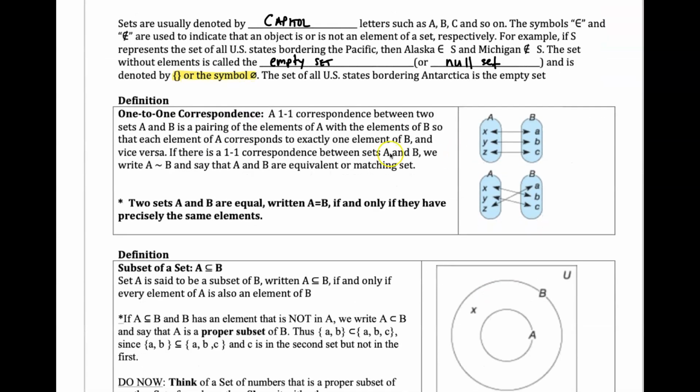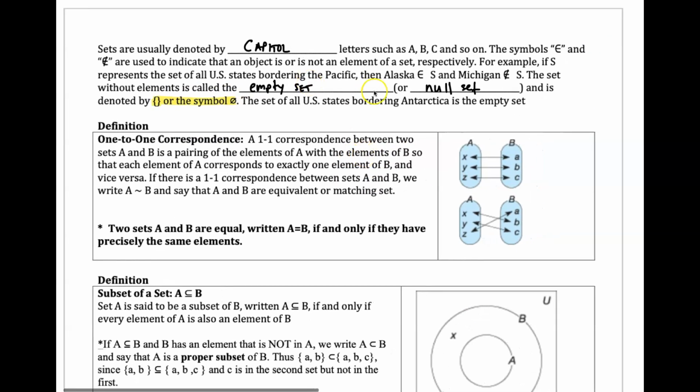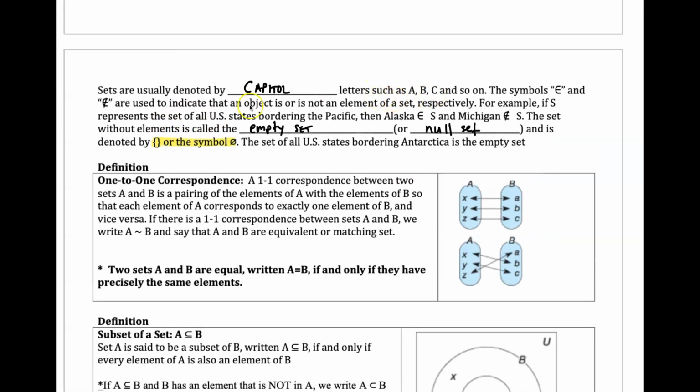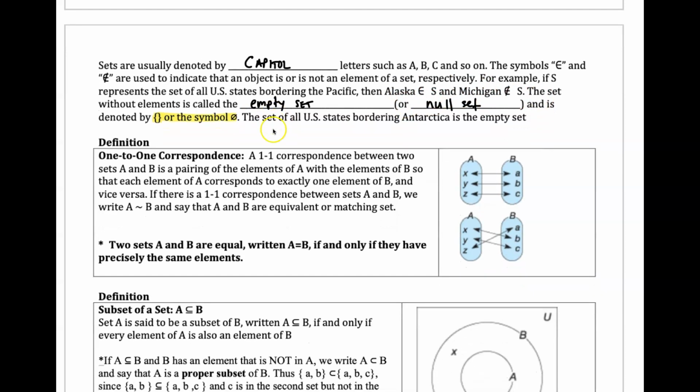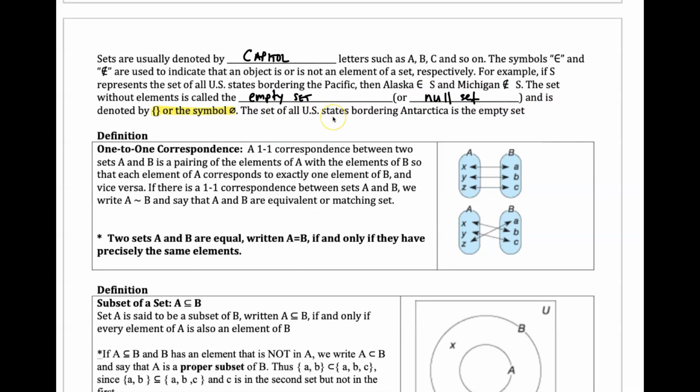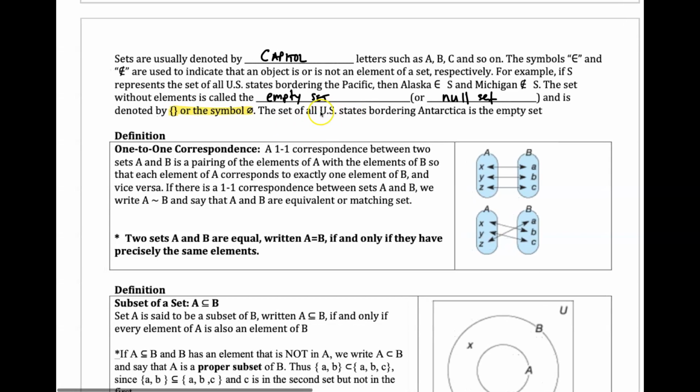We're going to start with formal language here. We use capital letters to denote a set, like A, B, C. We have symbols. This symbol, an E, means an element of. An E with a line across it means not an element of. It's also possible that sets are empty, that no one belongs to this set of objects or elements that we're talking about.